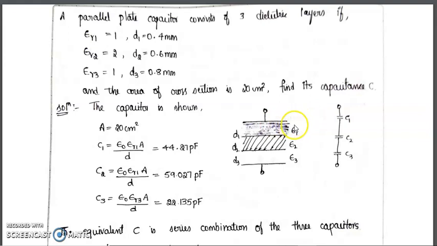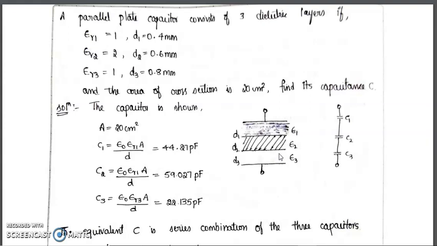So we can take this as three capacitors connected in series, the first capacitor with dielectric medium epsilon 1, the second with dielectric medium epsilon 2 and the third with dielectric medium epsilon 3.